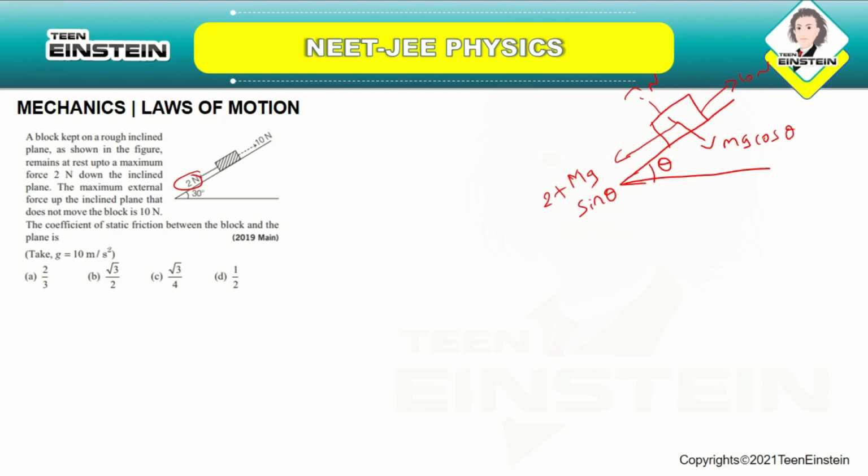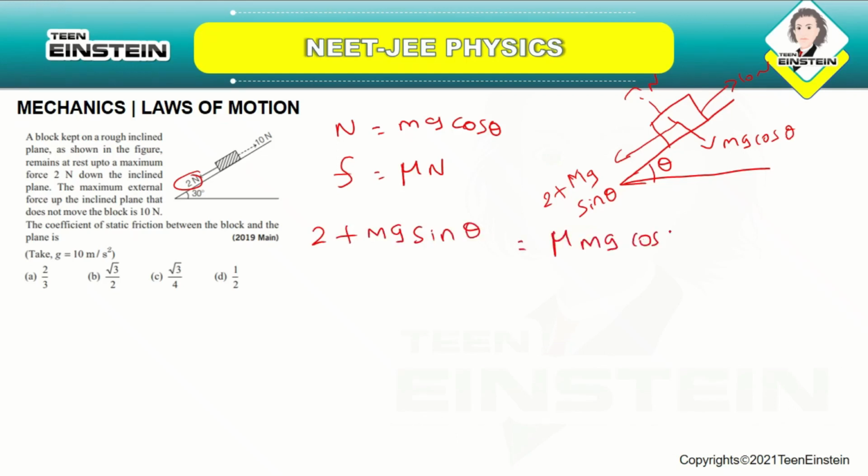In this direction you can write N is equal to mg cos theta, and F is equal to mu N. Similarly, you can write 2 plus mg sin theta is equal to mu mg cos theta, because F is mu N, and N is mg cos theta.